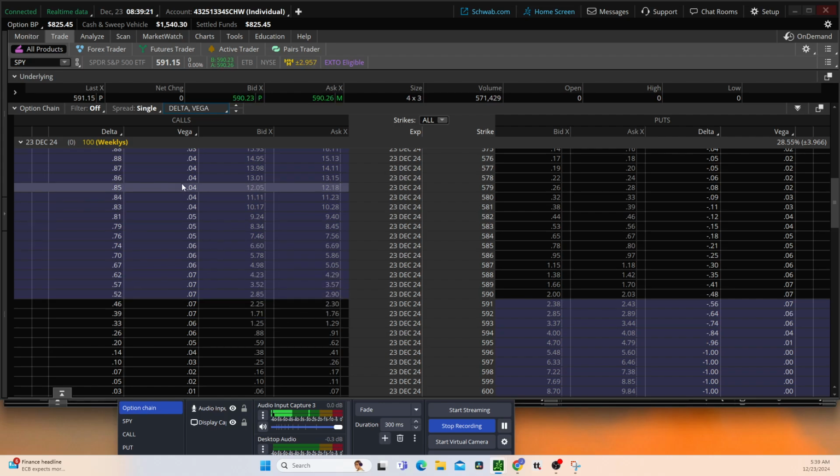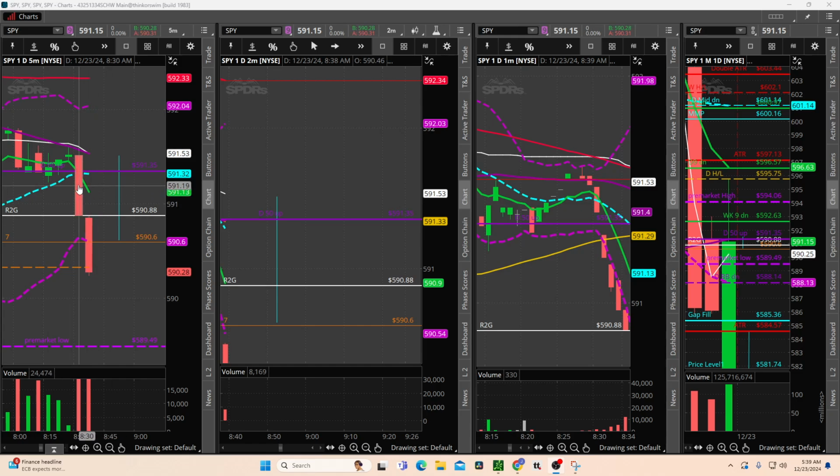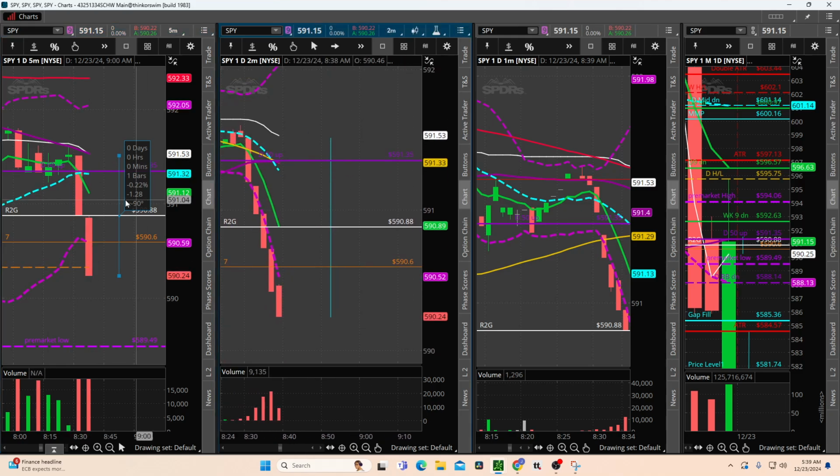For every 1 delta that moves, looking at SPY right now, it's gone down, let's say $1.28, in less than 10 minutes. So we made 1.28 deltas.